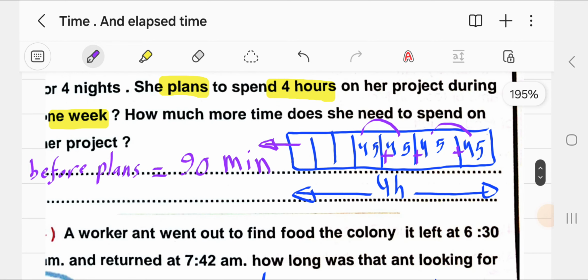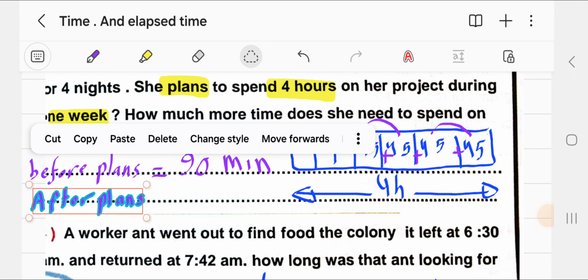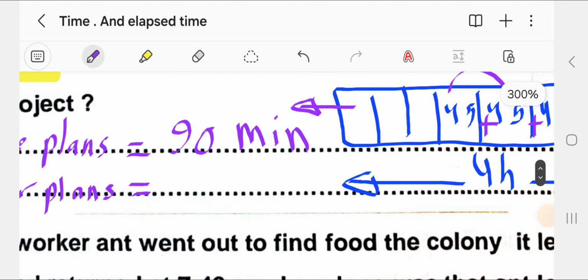Okay, that's before. Now after plans. After she planned, it became very clear, she said I will work for 4 hours. That's okay.